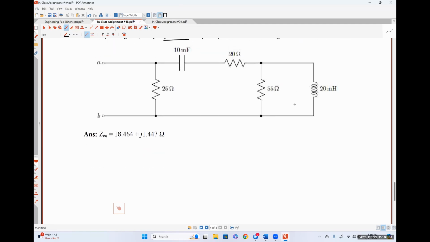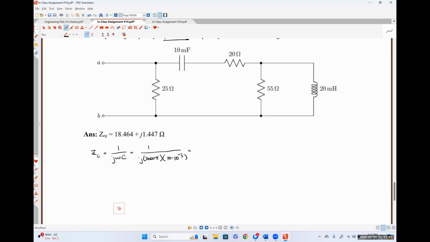Okay. Now let's figure out the impedance of our capacitance, right? So the impedance of a capacitor is given by 1 over j omega C. So that's going to look like 1 over j times 2000 pi times 10 times 10 to the minus 3. And I'm leaving off the units because we know that the units for impedance should be ohms.